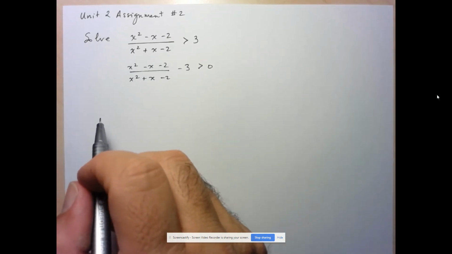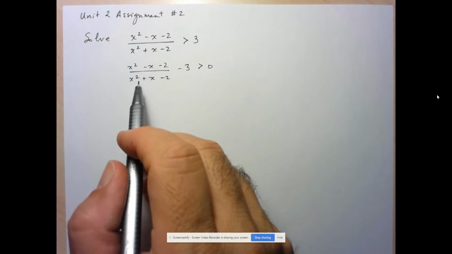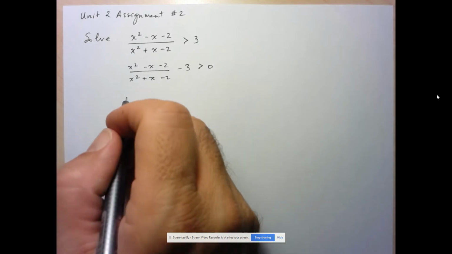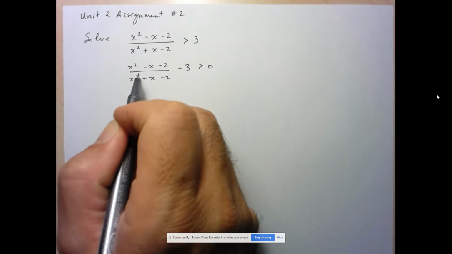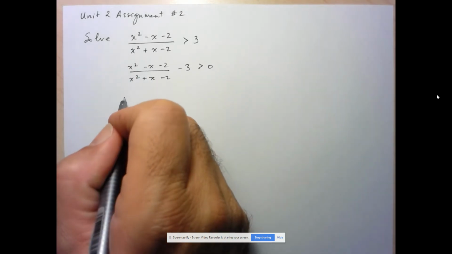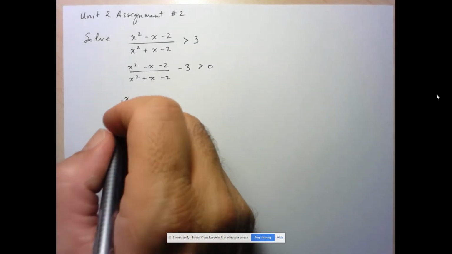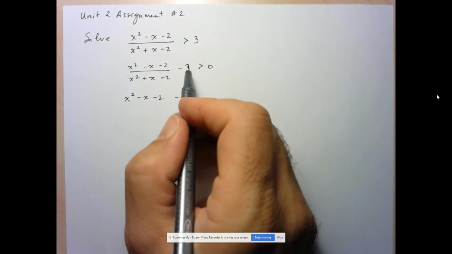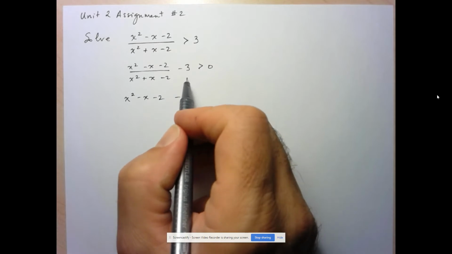All right. So here I'm going to do this using a common denominator of x squared plus x minus 2. So here that factors already in the first fraction, so I'm not going to multiply this numerator by anything. So x squared minus x minus 2 minus, well, the 3 is missing this denominator.